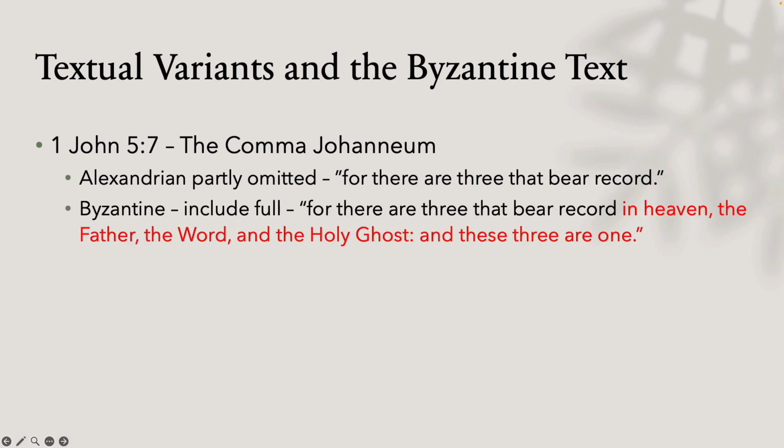Whereas the Byzantine text includes the full verse, which says, "For there are three that bear record in heaven, the Father, the Word, and the Holy Ghost, and these three are one," which is a very heavy Trinitarian text, which is quite clear. The red is obviously what's in the Byzantine.